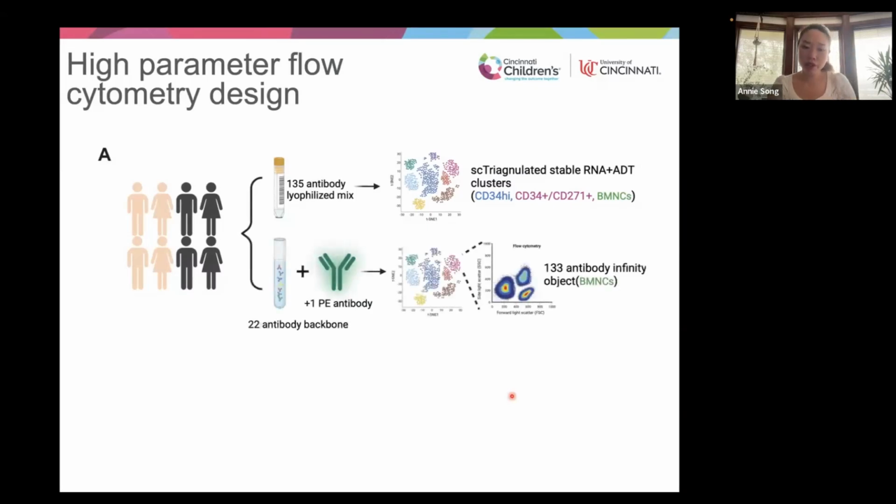Now, we wanted to parallelize that with real-world flow cytometry data. But as we all know here, it is really impossible to do flow with 133 antibodies with our existing analyzers. So in this case, we have to think of an approach that would allow for real-world flow cytometry data coming from this many antibodies.